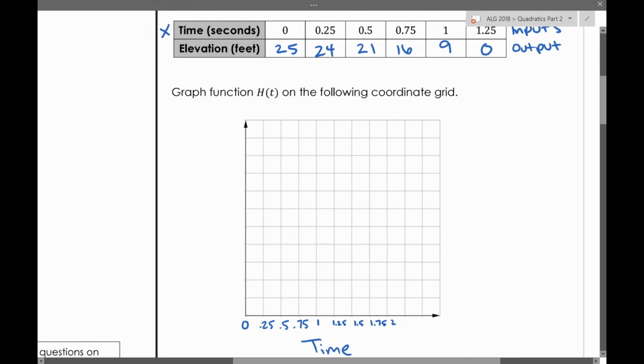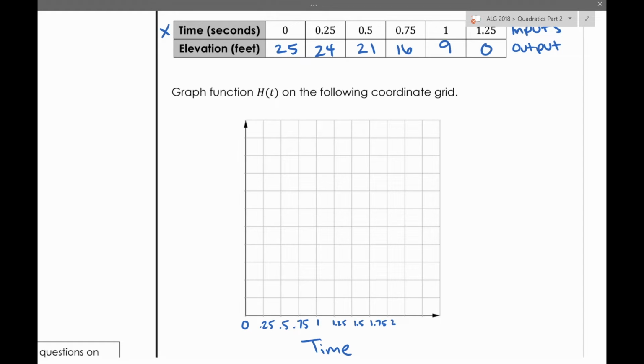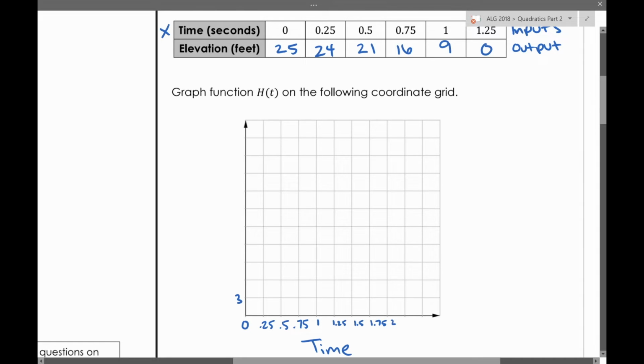Let's go ahead and do our elevation. Let's actually go by threes on these ones. So I have 3, 6, 9, 12, 15, 18, then 21, 24, 27, and then 30.